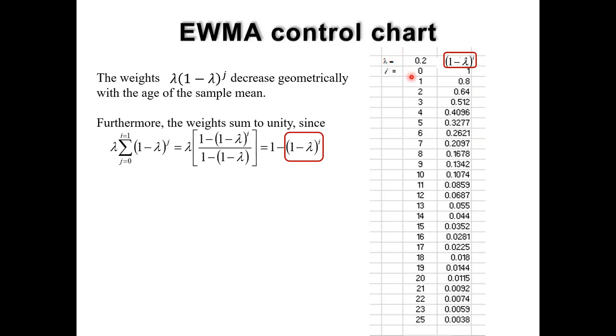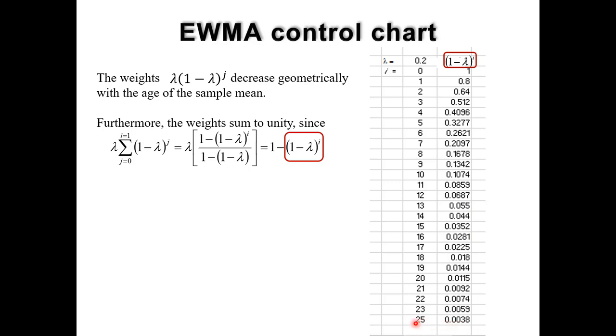Yeah. So as you can see, as the number of observations increases in time, remember we are dealing with a time weighted control chart, so all this must be in terms of time: time 0, time 1, time 2, time 3, and so on. So as time goes up, you will notice that this part of the weight will be reducing to a stage where it will be close to 0.